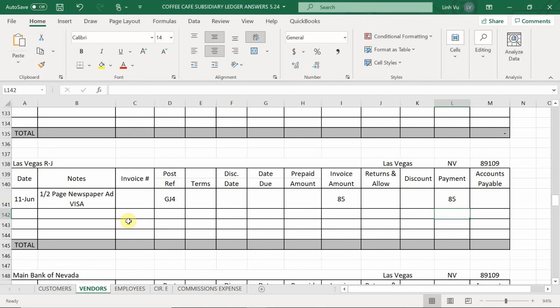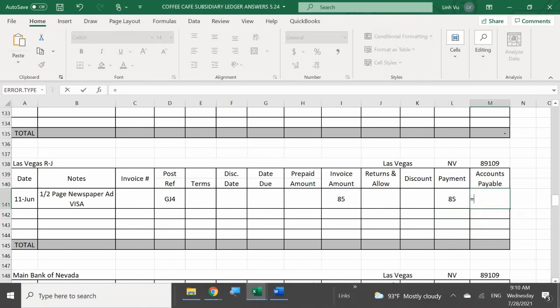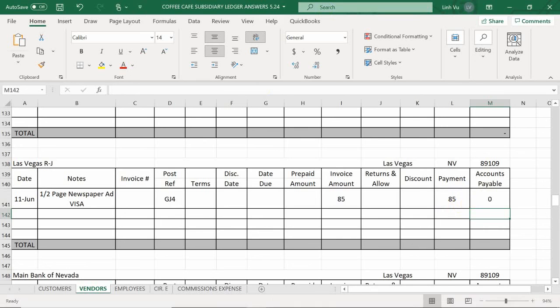But this time we don't owe anybody except for the credit card company. So in this case, we owe nothing. Good. Because we used a credit card, which acts as if it was a payment. So we owe nothing.